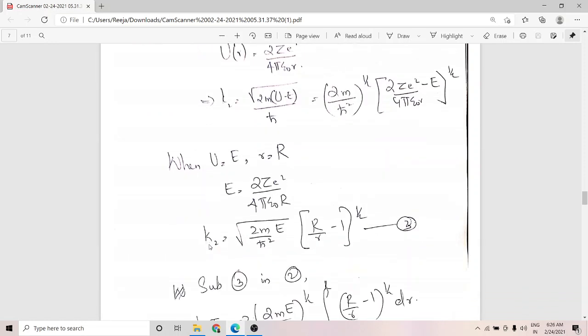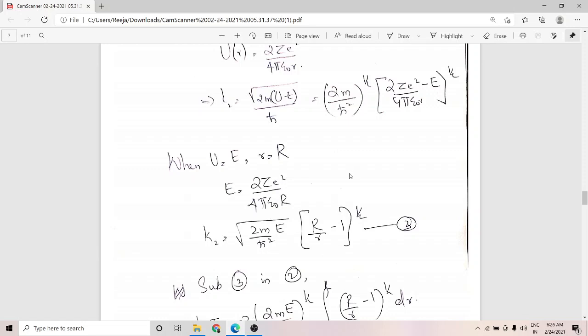Now what we do is we substitute for this term: 2Ze square by 4 pi epsilon 0 is equal to capital E into capital R. So instead of this, I write capital E into capital R so that I can take E common factor out.